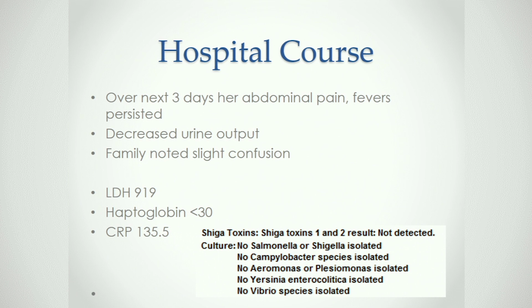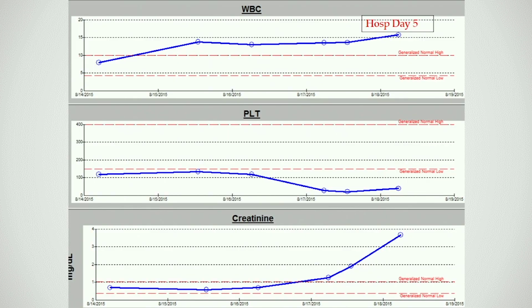So this had a lot of people concerned. And so there was obvious concern for a possible Shigella or E. coli associated infection, and the initial toxins were sent off, and the first results came back negative. So the question was, what do we do in this situation?